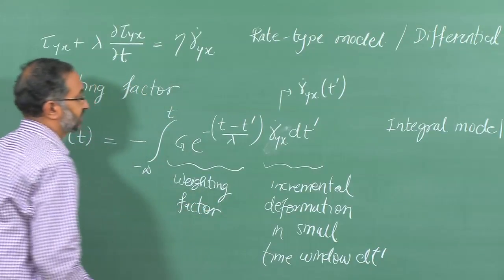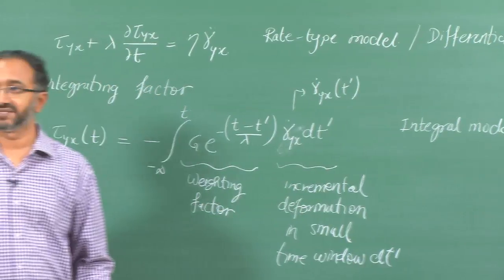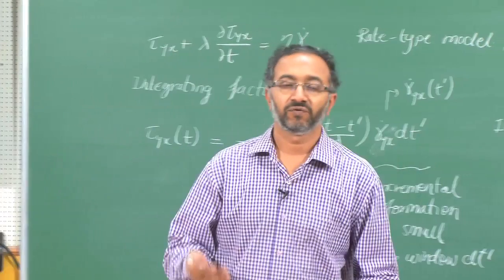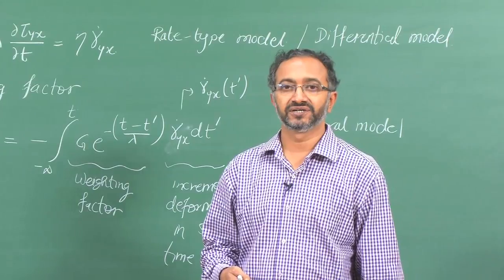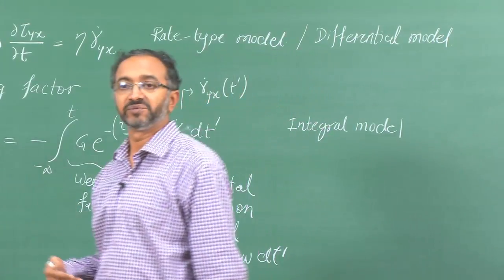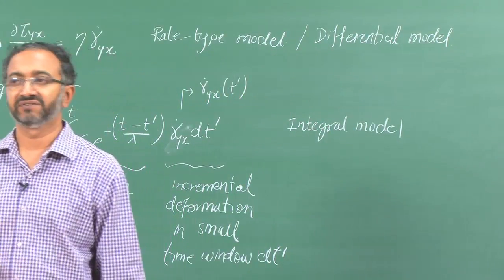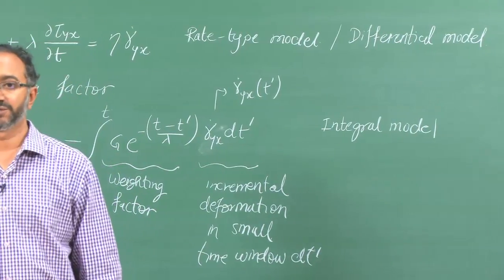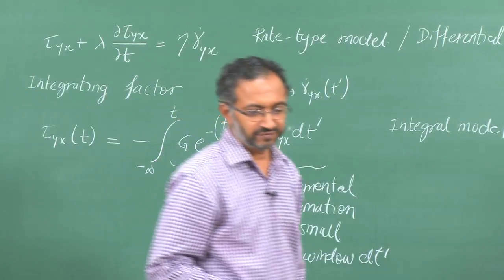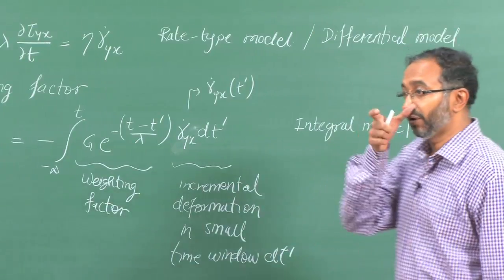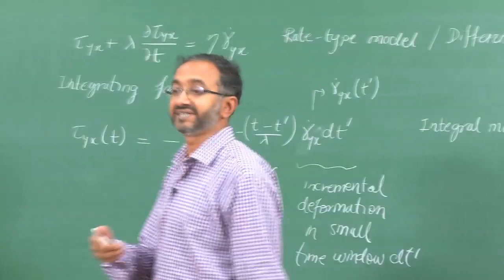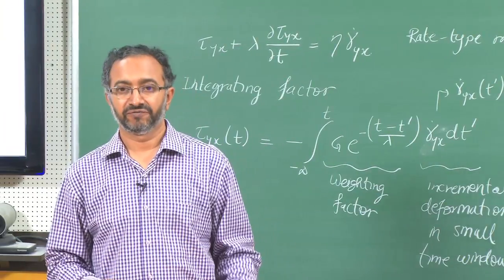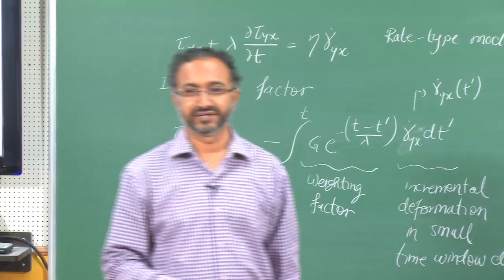And we had seen that this weighting factor is large for times which are not so distant, and when time is much more distant in the past, then this weighting factor falls off to 0 and it is an exponential function. So with this review of Maxwell model and its various versions, now we can look at the next probe of rheological response, which is oscillatory shear.